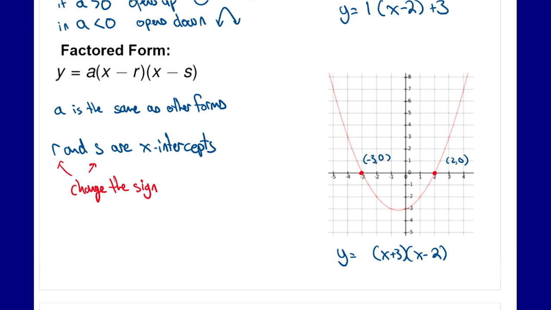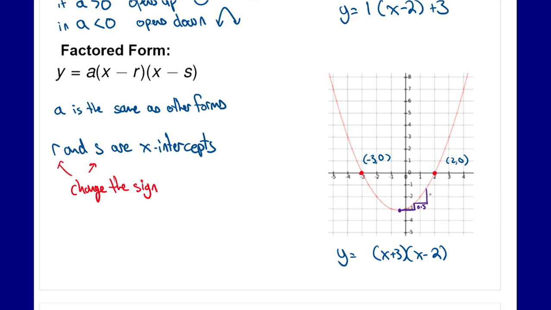To figure out the a value, we want to approximate what the step pattern is. So I go over 1, up, and it looks like I'm going up about a half. Go over 1 again, and I go up a half, 1.5.